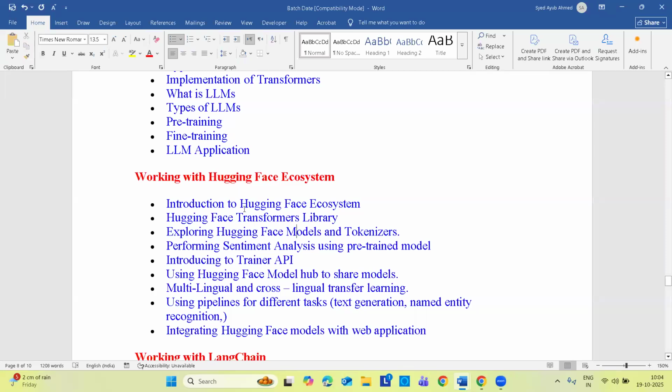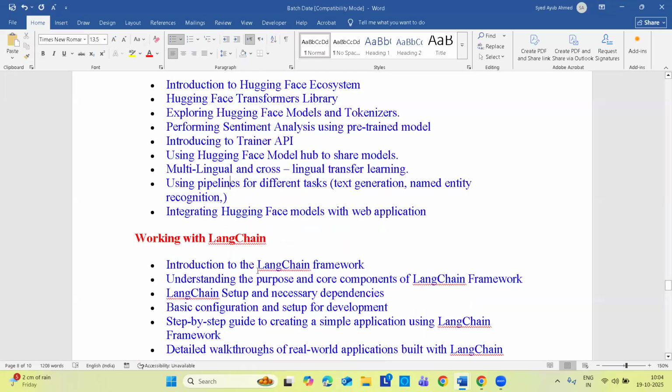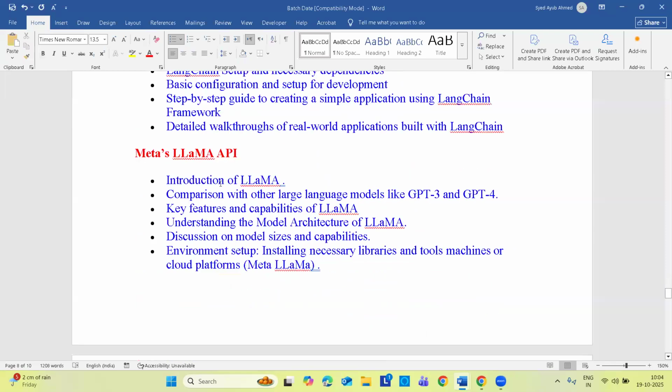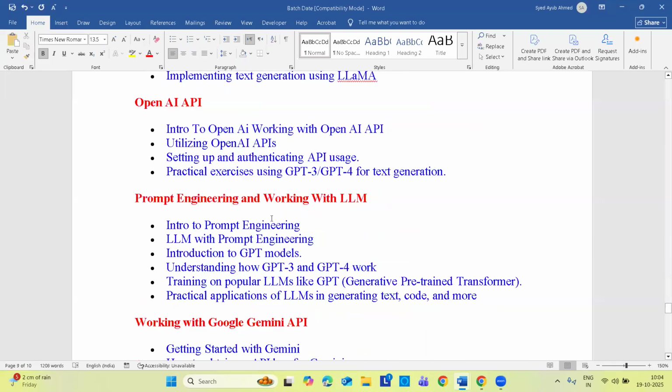Like what is the introduction part? What is the ecosystem of Hugging Face? And Transformers library, introduction to trainers API. All these things we will cover. And then working with LangChain, Meta's LLM APIs, and then OpenAI as well as prompt engineering.